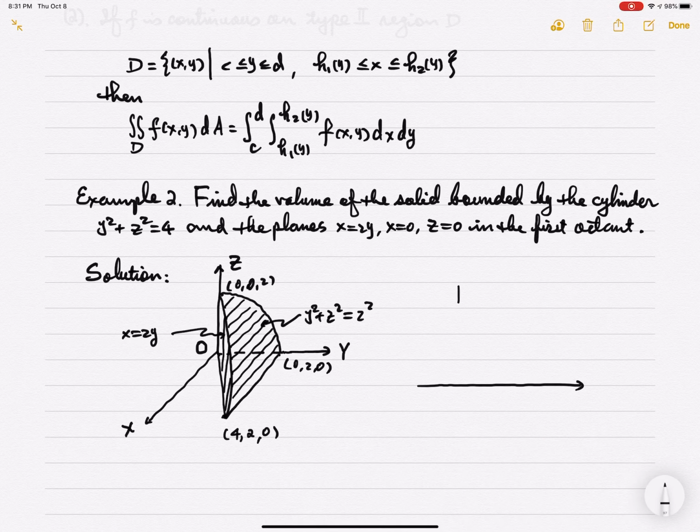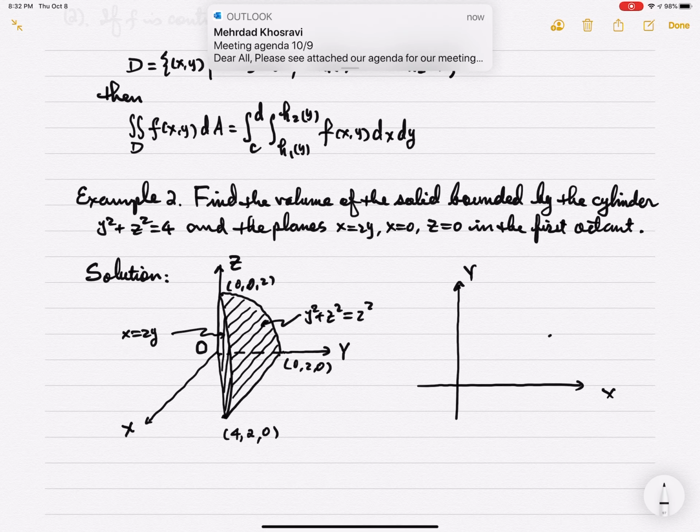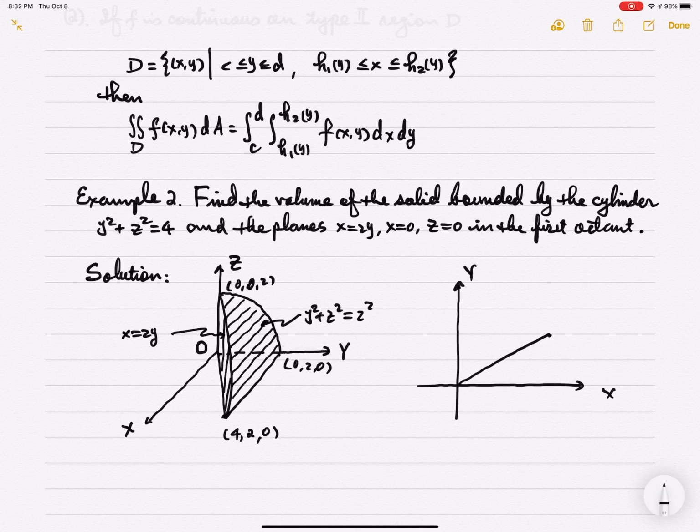So this is the y-axis. Okay, so this is y. This is x. Now, so we have, okay, and then here this is x equal to 2y.